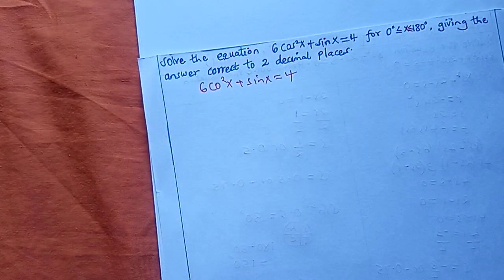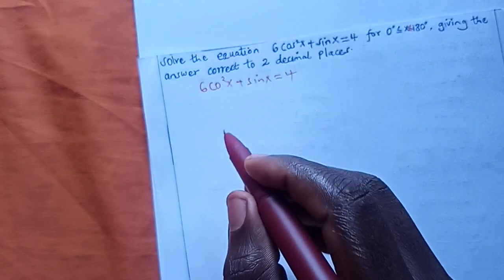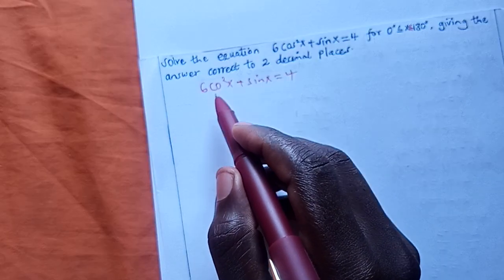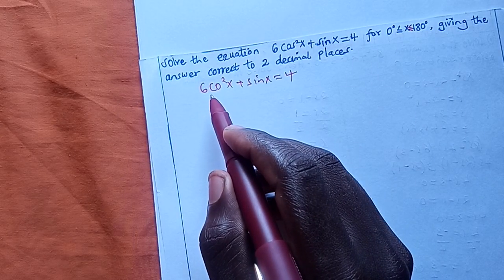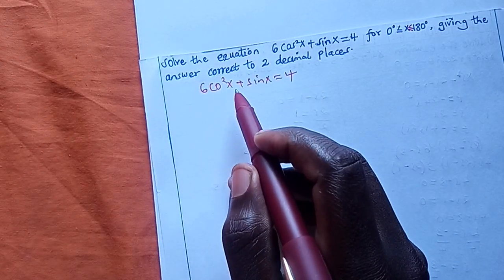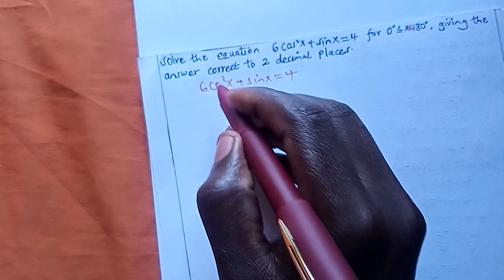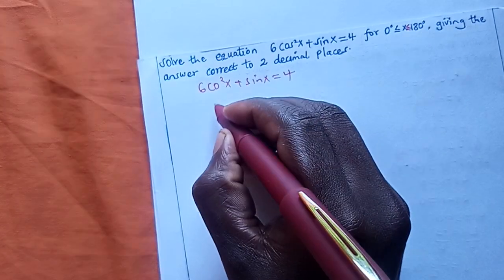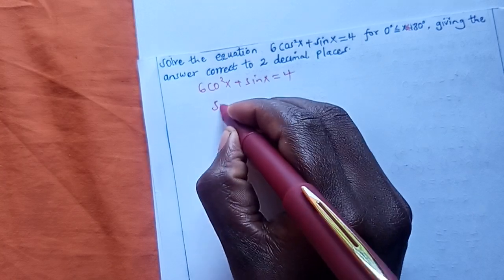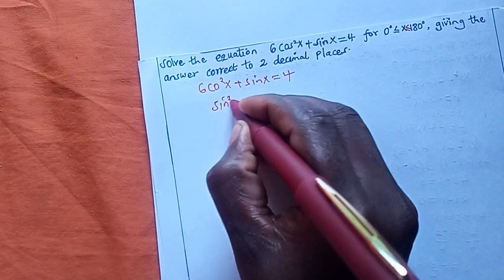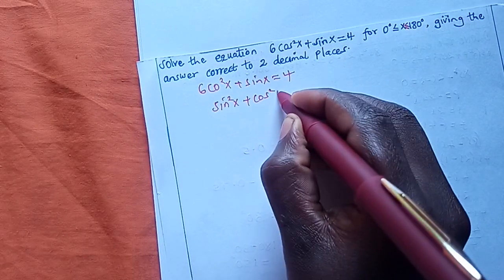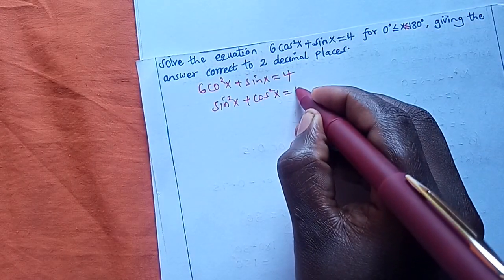Now in this case, we also want to make this equation have the same values by using what I introduced in our previous question, which is sine squared x plus cos squared x will give us positive 1.